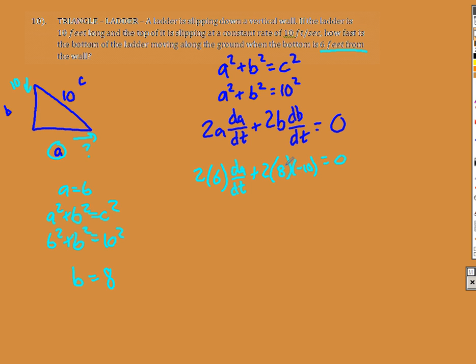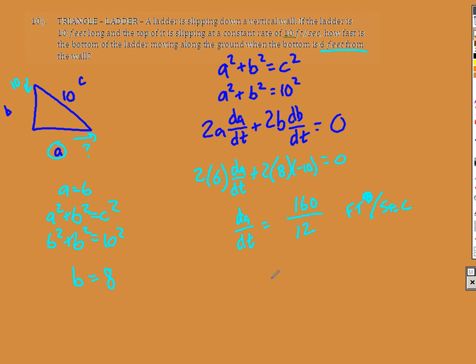So now I can plug in what I know and get exactly my answer for this. dA dt will equal, this is going to become positive when I bring it over, so this will be a positive 160 divided by 12. And again, if it's dA dt, that'll be just feet per second.